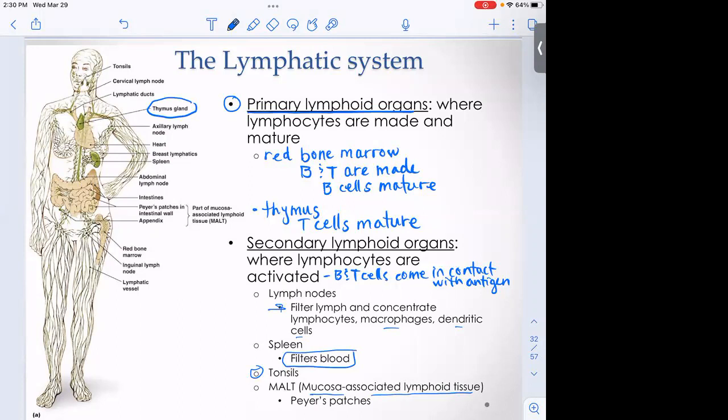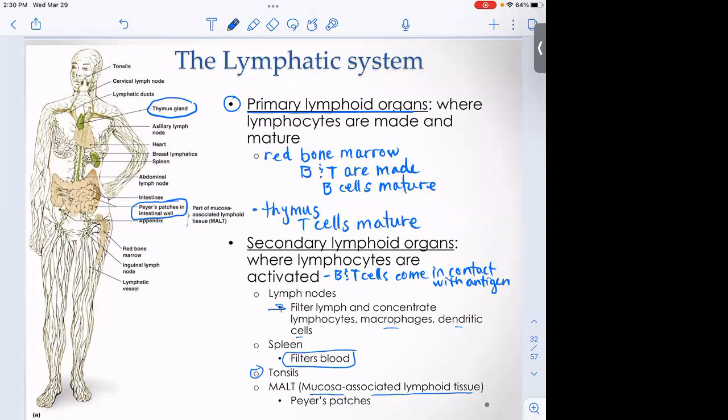And there's this other specialized tissue called Peyer's patches, and that's MALT tissue in the intestine. It's very important because it sifts through what's passing through our intestine and tries to find pathogens that we've ingested. So anything that would give us food poisoning, that's the Peyer's patches' job, to sense that and build up an immune reaction to it.